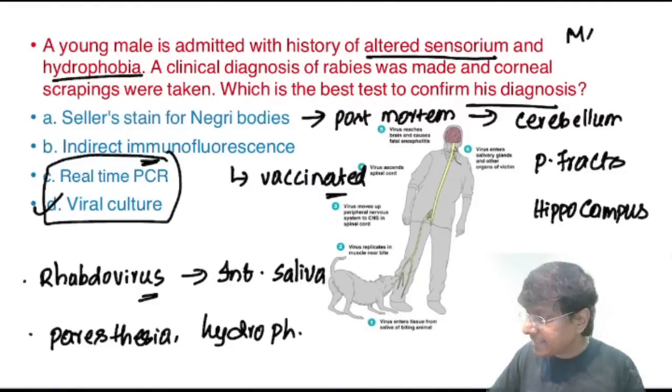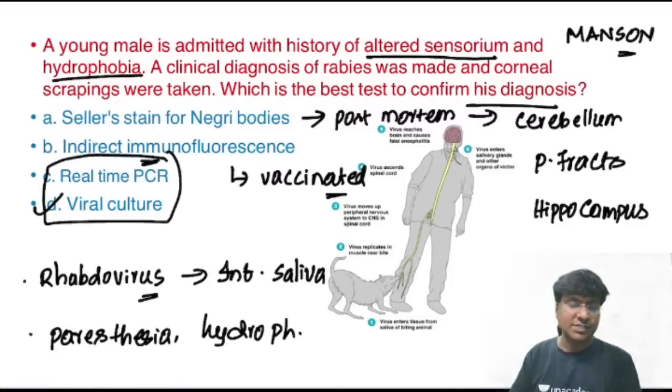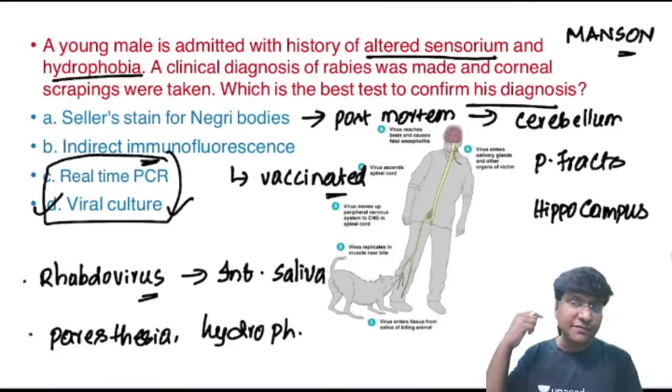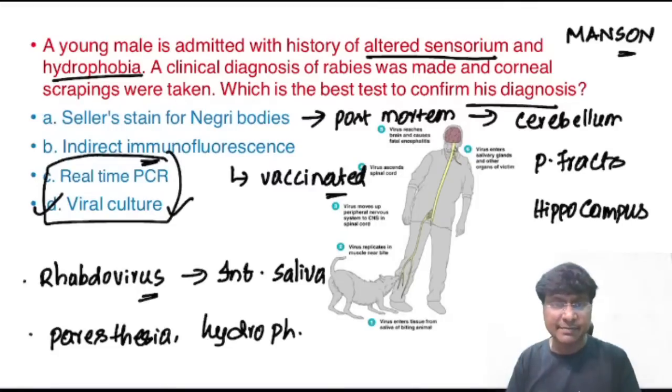That is Manson, the standard textbook for infectious diseases. According to the Manson textbook of tropical disease, viral culture is the gold standard investigation for the diagnosis of the rabies virus. Real-time PCR is mentioned only for saliva, CSF as well as skin biopsy.